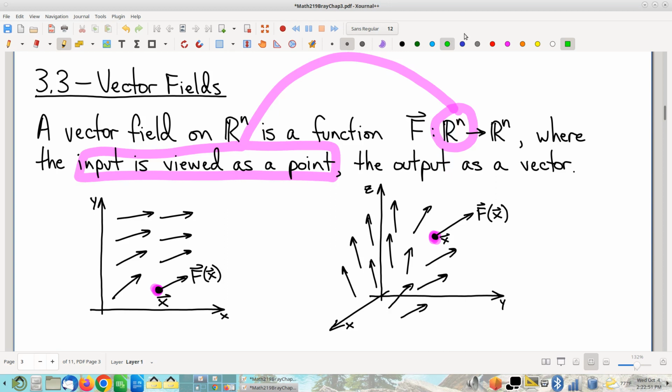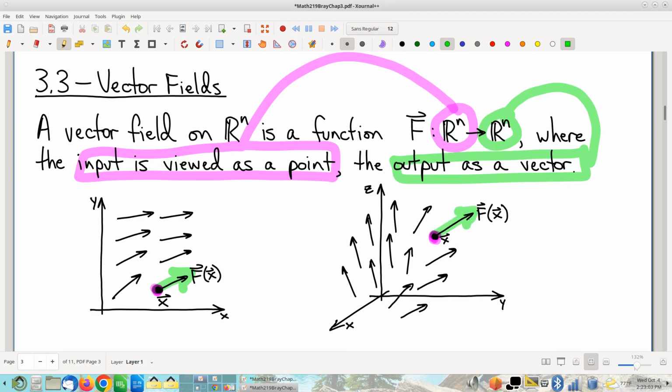And then we think of what comes out as being a vector that we represent with an arrow with tail at the given point. So this is the particulars of how we view such a function as this thing called a vector field.